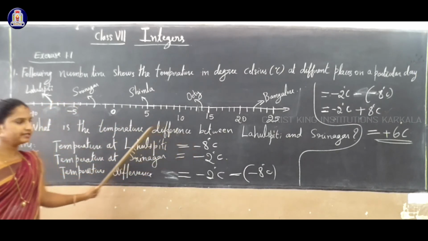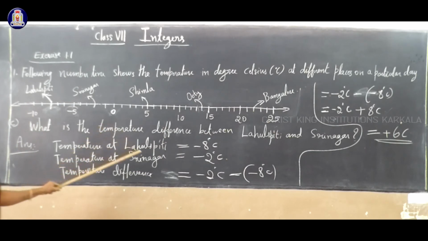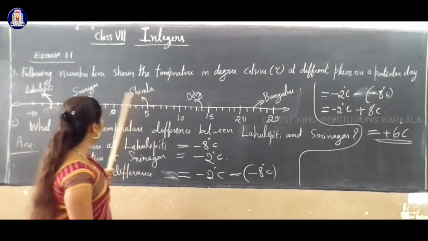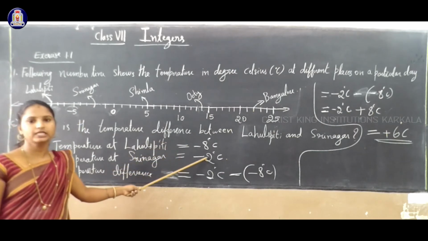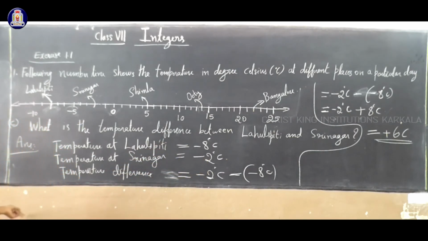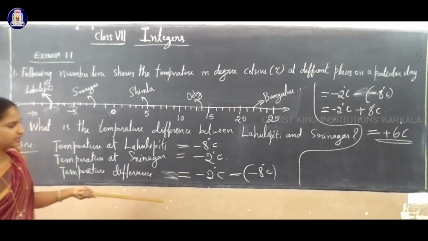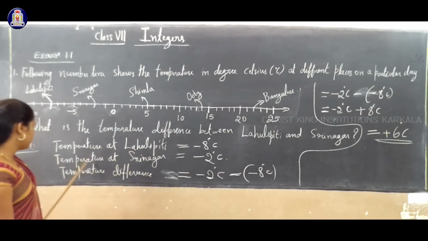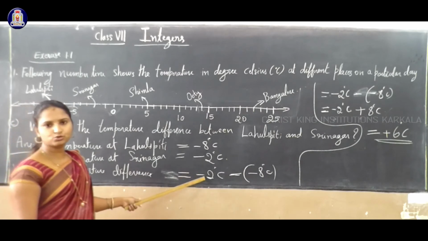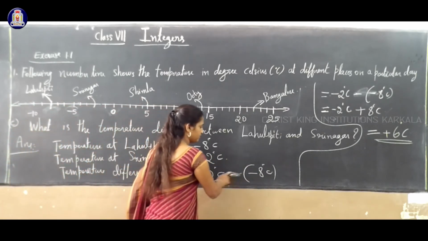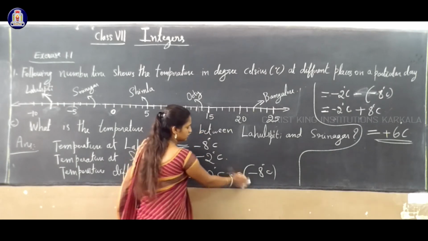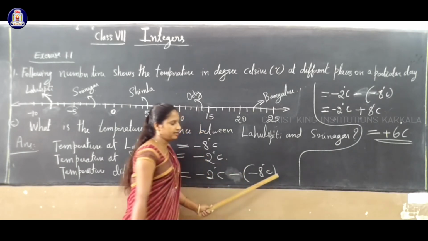Next, the temperature at Srinagar is -2 degree Celsius. Correct? Next you have to find the difference, so you have to subtract. The temperature difference is -2 degree Celsius minus -8 degree Celsius.